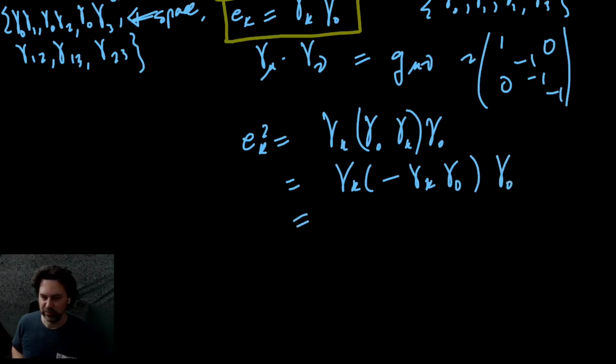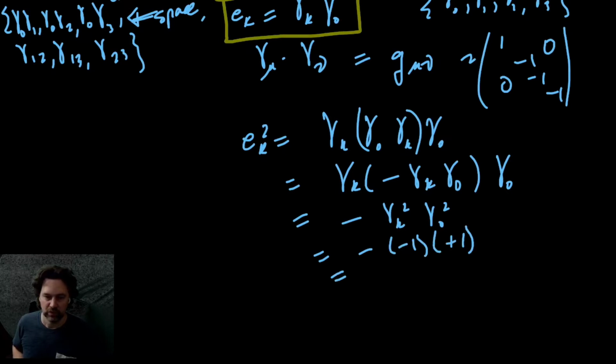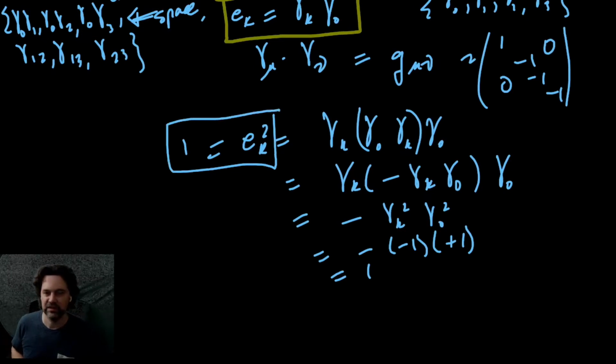We can now drop our parens, and we have minus gamma k squared times gamma naught squared, which is minus 1 times plus 1, which is 1. So we've just shown that our bivector Ek, if we square it, we get positive 1, just like the spatial basis vectors in a Euclidean space.